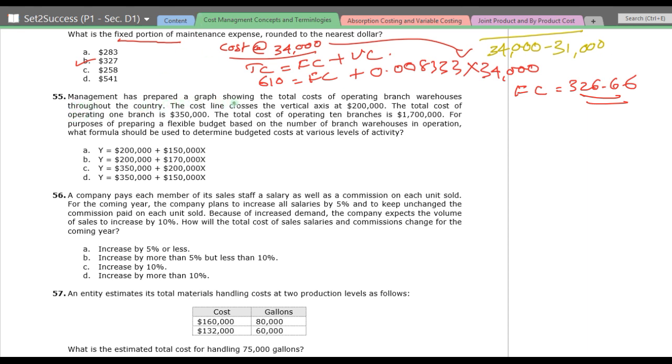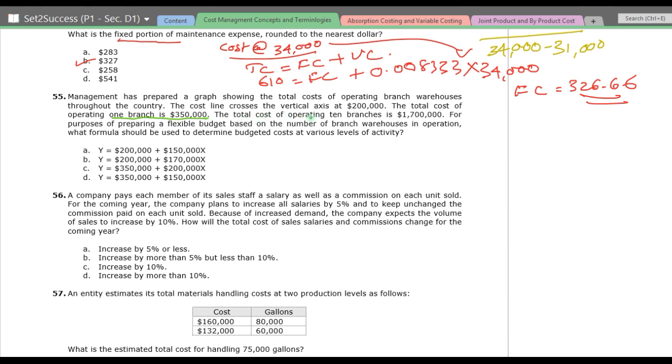Next, management has prepared a graph showing the total cost of operating branches, warehouses throughout the country. The cost line crosses the vertical axis at 200,000. The total cost of operating one branch is 350,000.